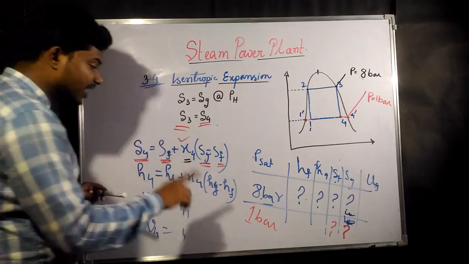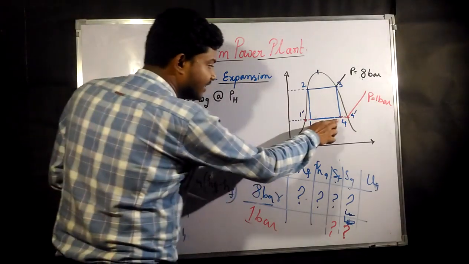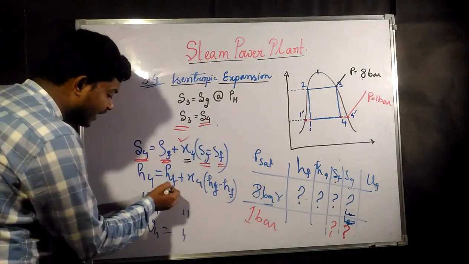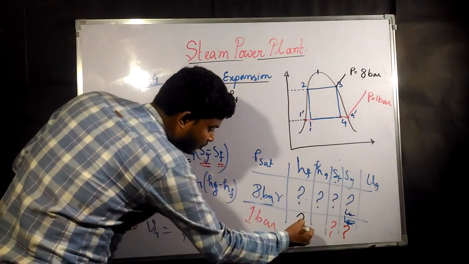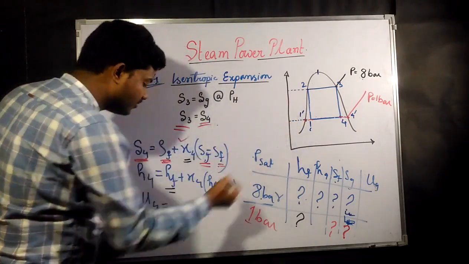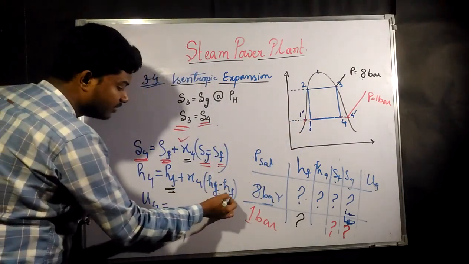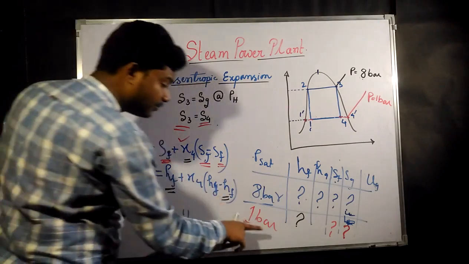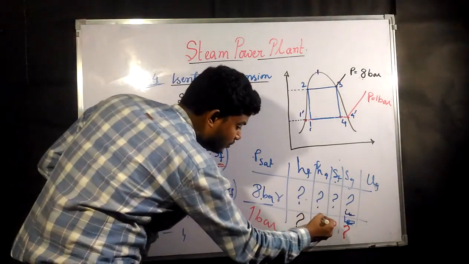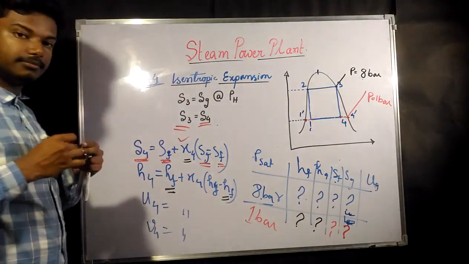Similarly, you want to find the enthalpy at point 4. Hf would be found from here again. At pressure 1 bar at the fluid line, what is going to be the enthalpy? You can find it and put it here. At pressure 1 bar from the steam table, you can find your Hg.